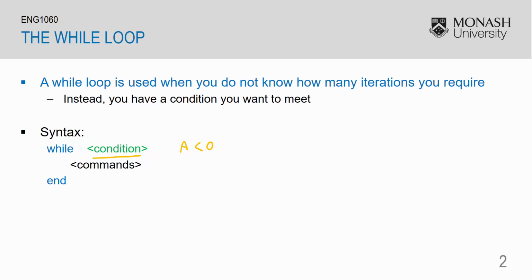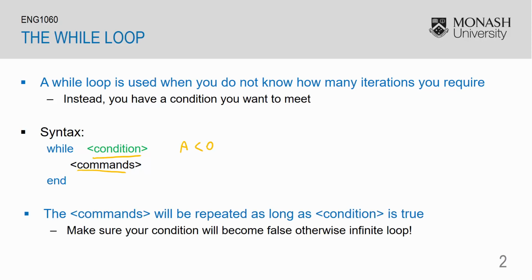If this is true, then it will run the commands before ending. The commands block will be repeated as long as the condition is true. This means that you must ensure that your condition becomes false, otherwise you'll be stuck within an infinite loop.